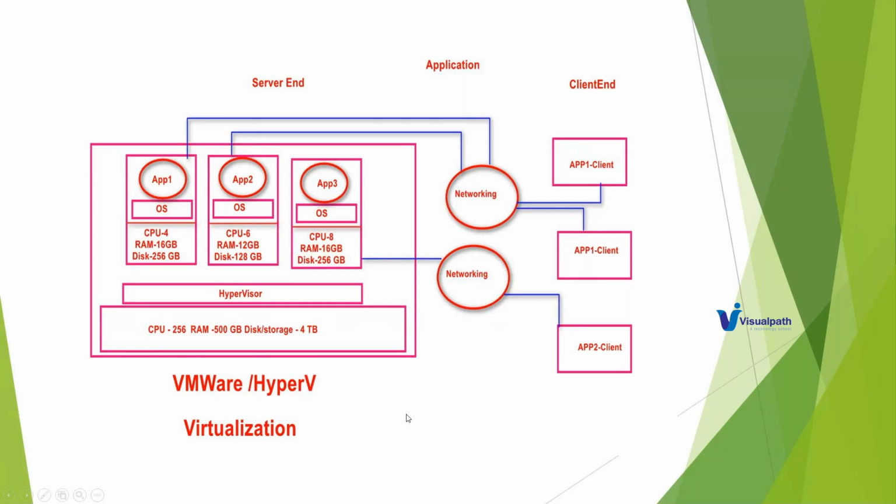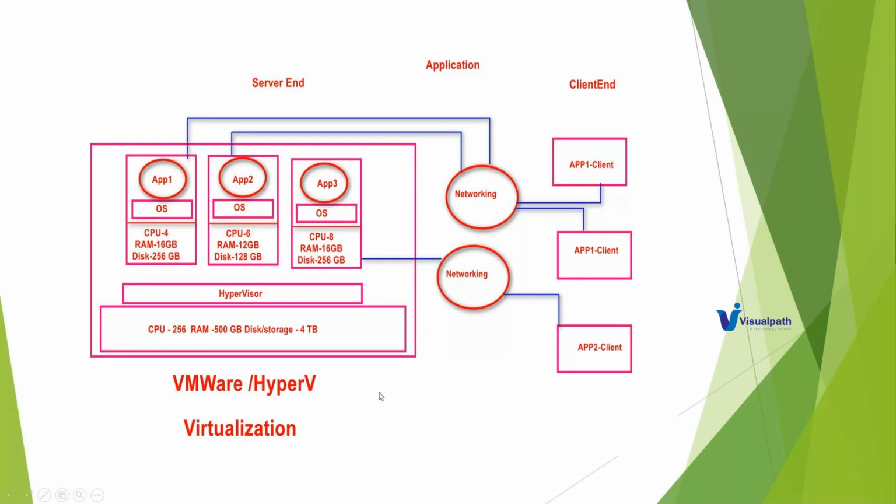One more point in the evolution of virtualization. Here I have maintained disk and storage of 4 TB. They segregated this disk part and said, we are going to create a separate storage, not disk.